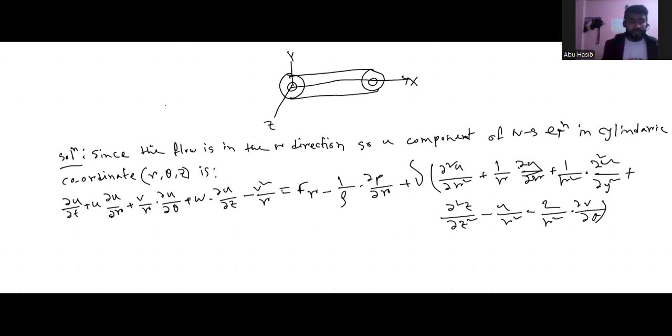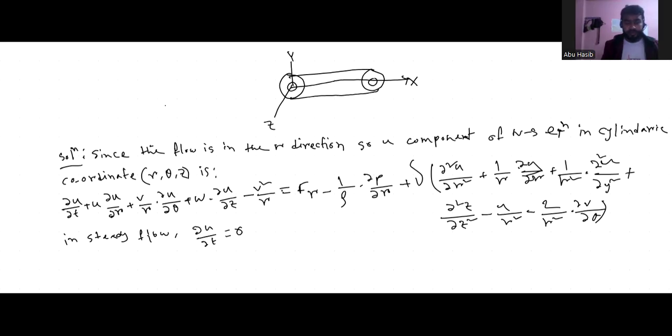So we know that in steady laminar flow, del u by del t is equal to 0.